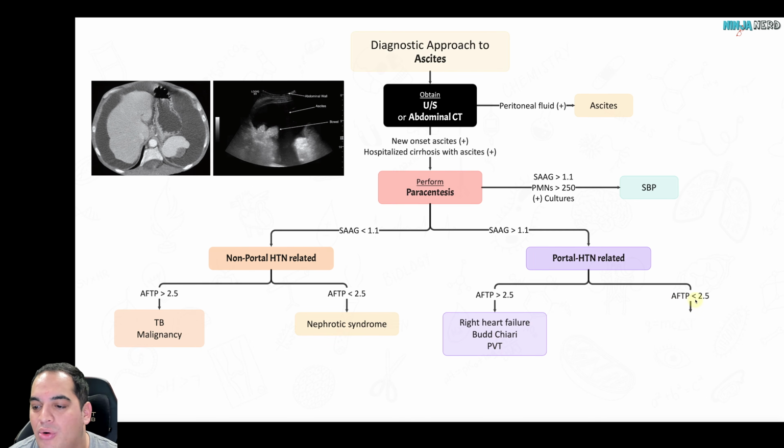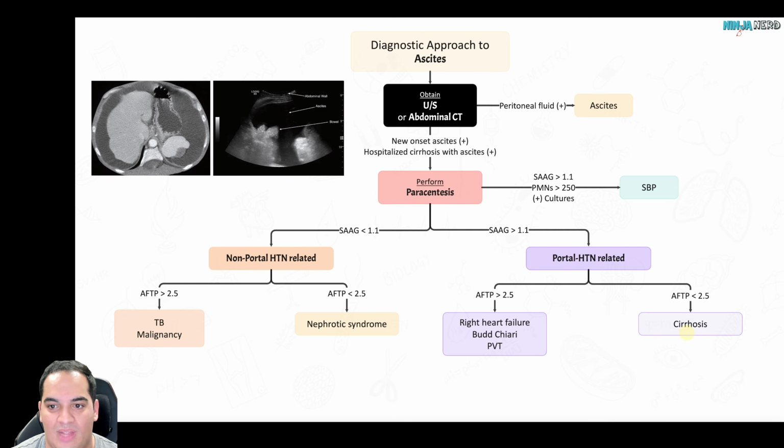But if the amount of protein that's present in their ascites, the total protein, is actually a little bit low, that probably tells me that their liver is probably not working well and it's not producing as many proteins as it should be. So that means that this could be cirrhosis. So this is a little bit of a way that we can utilize this to help us to understand the underlying etiology of the ascites.